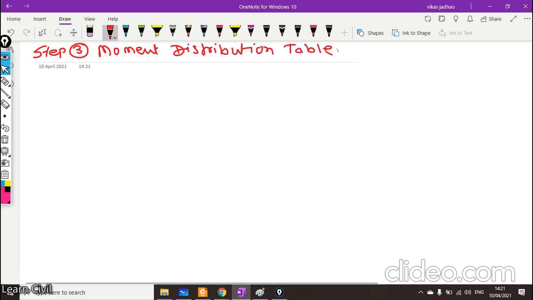We have to prepare a moment distribution table and carry out the distribution of moment. For that we have to prepare a table like this. First row will be joint, second row will be member, third row will be distribution factor, fourth row will be fixed end moment.